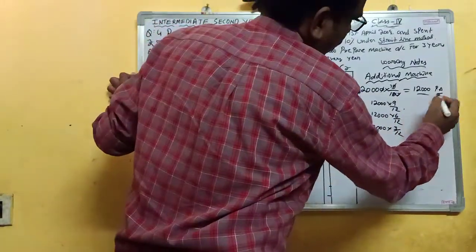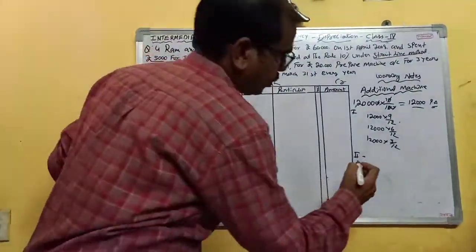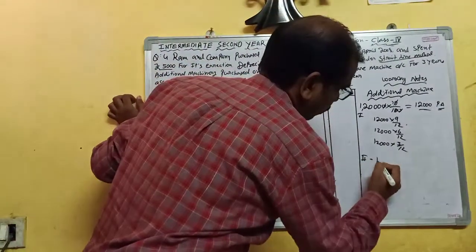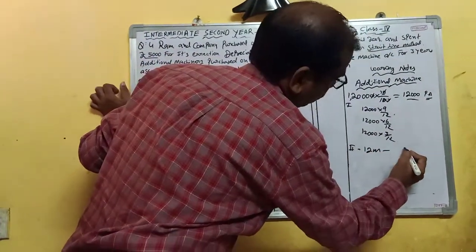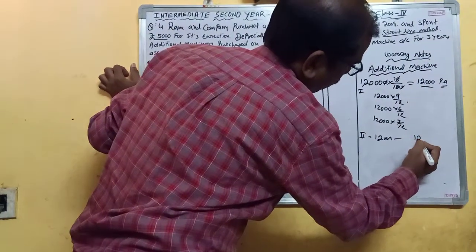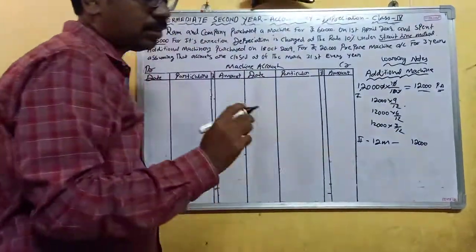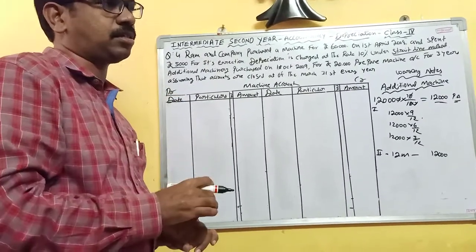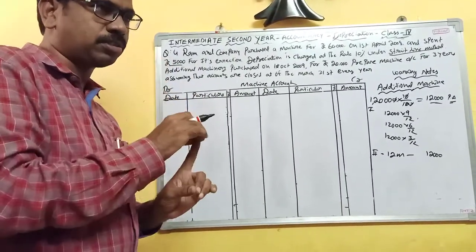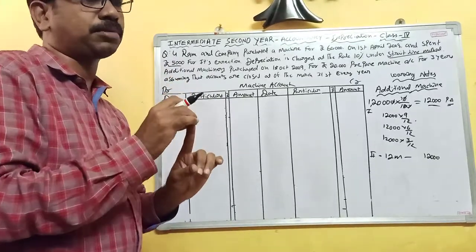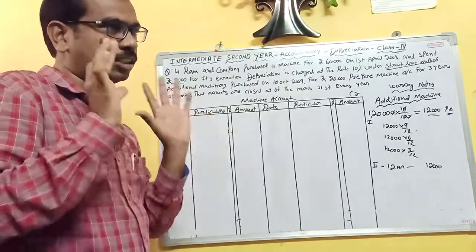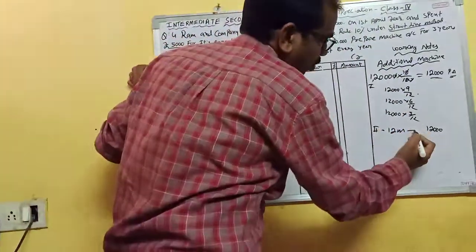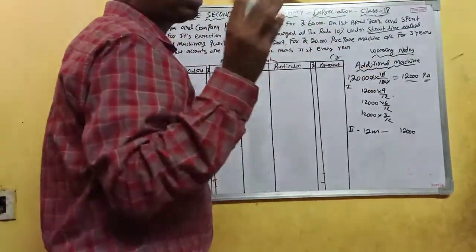whenever we get the annual depreciation for 12 months, this is completely for 12 months: 12,000. In our examinations, they always ask 12 months, 6 months, 3 months, 9 months. That's why you can concentrate on this only. Maximum chances are to get only 3 months, 6 months, 9 months.